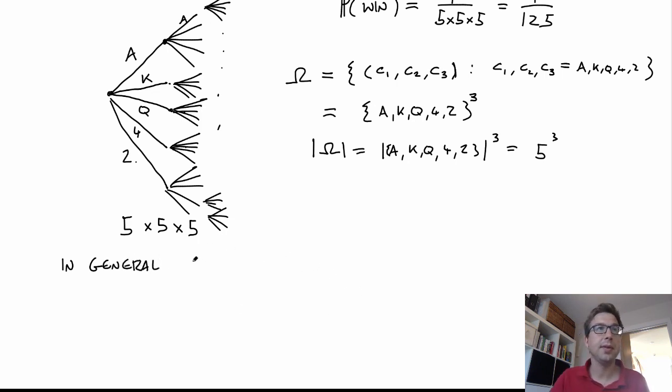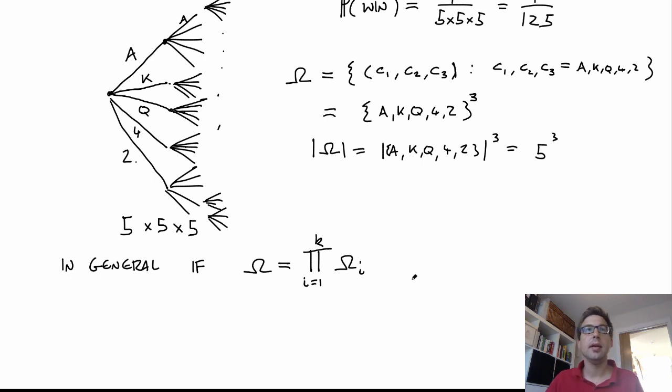If your sample space is really the product of smaller sample spaces, we could think of each of these as being a small sample space, i equals 1 being the first card, i equals 2 being the second card, and then the size of this set is just the product of the sizes of the smaller sets.